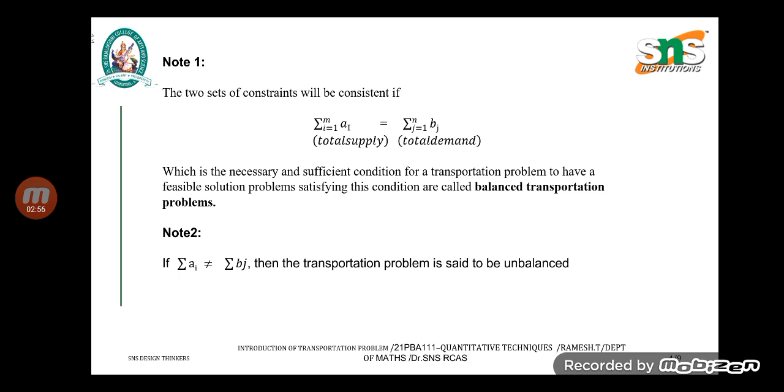So when the total supply and total demand are both equal, we get a feasible solution and the problem is balanced. Otherwise, if total supply and total demand are not equal, the problem is unbalanced.